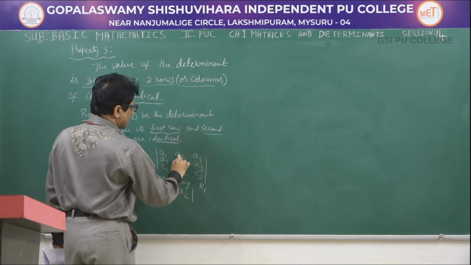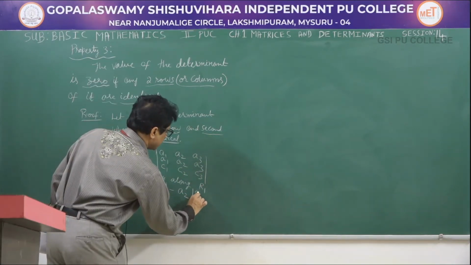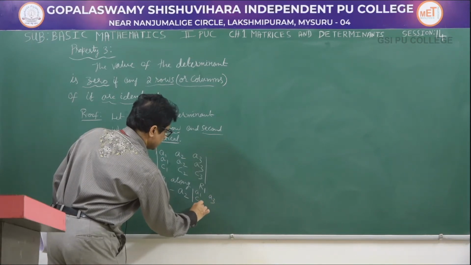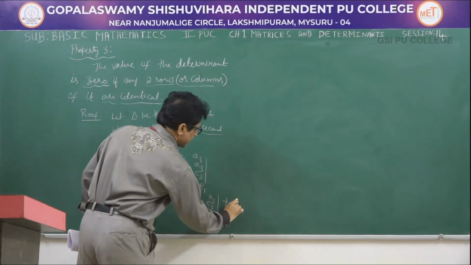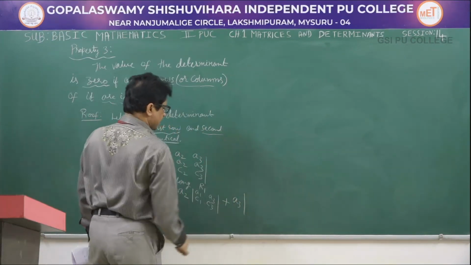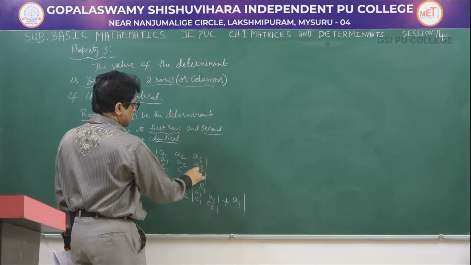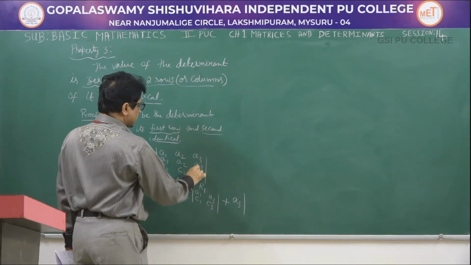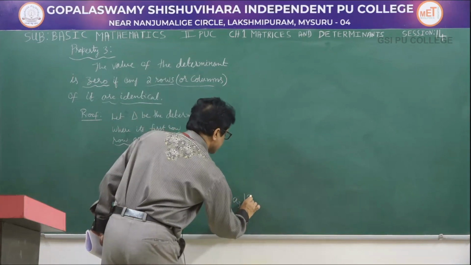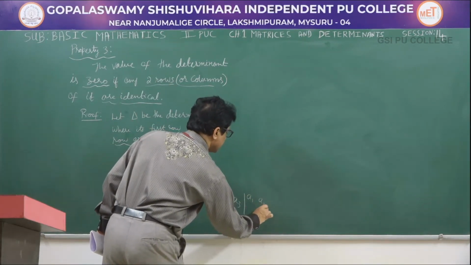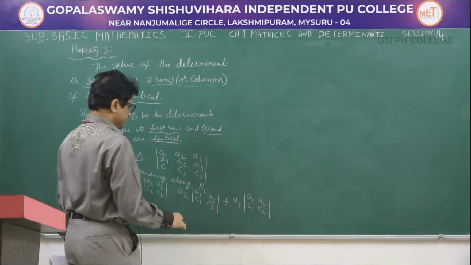We eliminate the first row and second column and take the determinant of the remaining elements. It is determinant of A1, A3, C1, C3 plus next element is A3 into determinant of, so A3 lies in the first row, third column. We eliminate the first row and third column and take the determinant of the remaining elements. That is A1, A2, C1, C2.